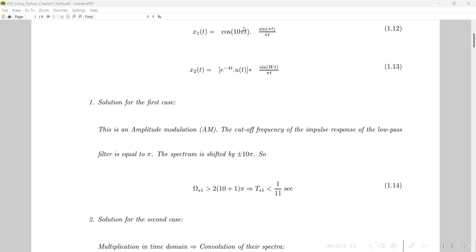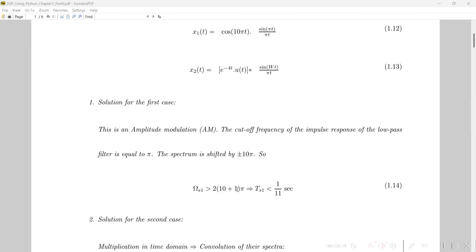10 is related to the first one, and the duration of the pulse in frequency domain. It is sinc in time domain, so it will be a pulse in frequency domain with such a width, 1 pi.